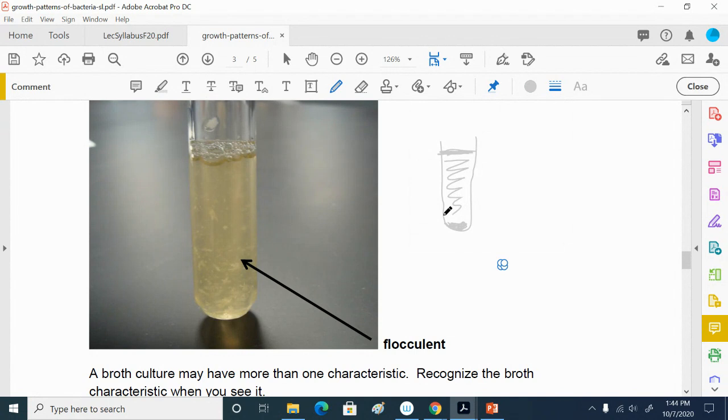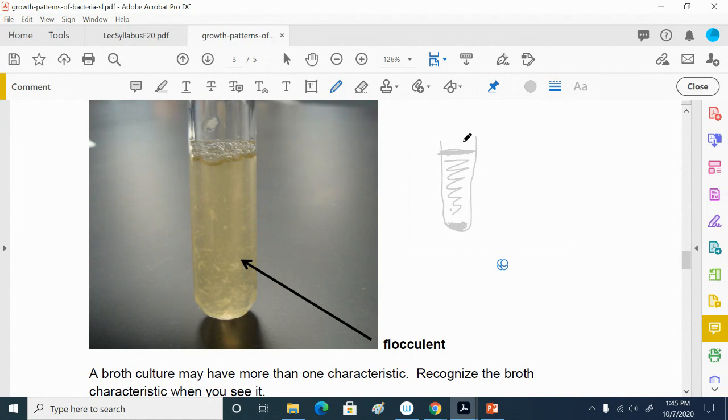So what three characteristics do we see there? Sediment, and a pellicle, and this is my attempt at turbidity.